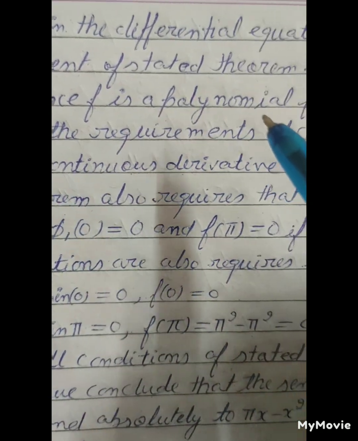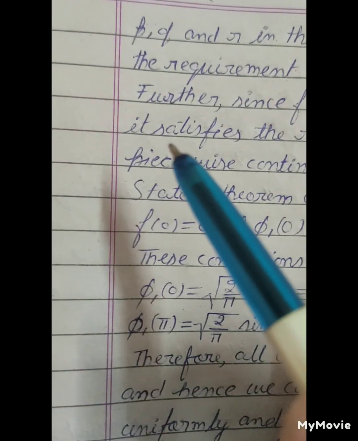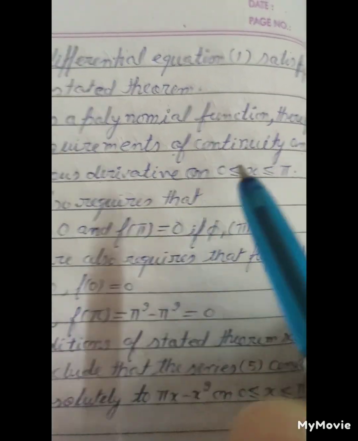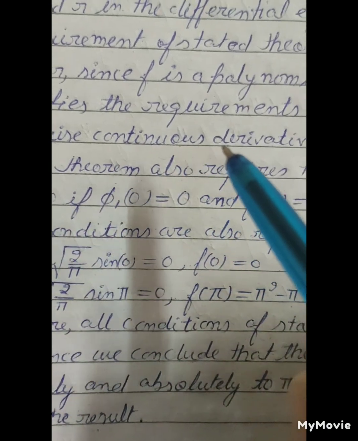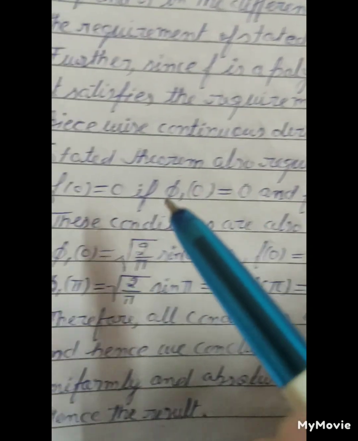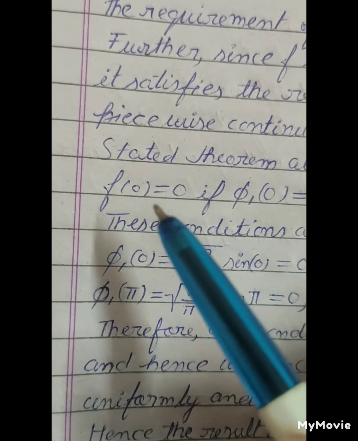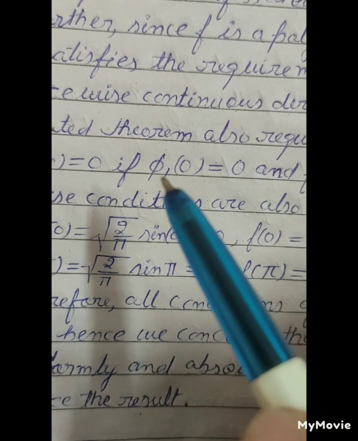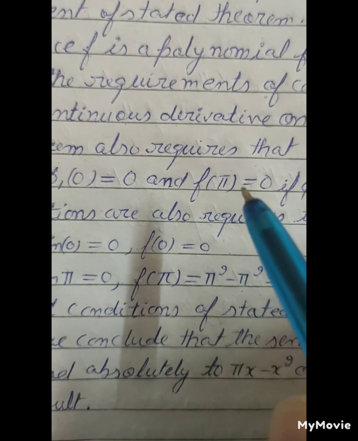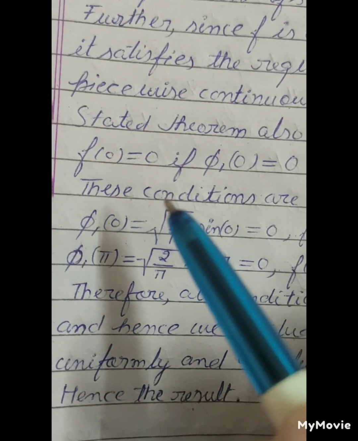Further, since f is a polynomial function, it satisfies the requirement of continuity and piecewise continuous derivative on 0 is less than or equal to x is less than or equal to pi. Now the stated theorem also requires that f(0) equals 0 if phi n(0) equals 0, and f(pi) equals 0 if phi n(pi) equals 0.